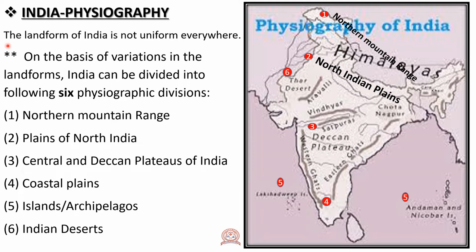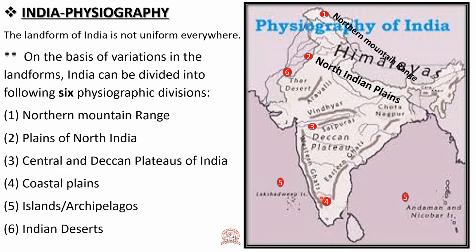The landform of India is not uniform everywhere. On the basis of variations in the landforms, India can be divided into the following six physiographic divisions. First, northern mountain ranges. Second, Indian plains. Third, Deccan Plateau.